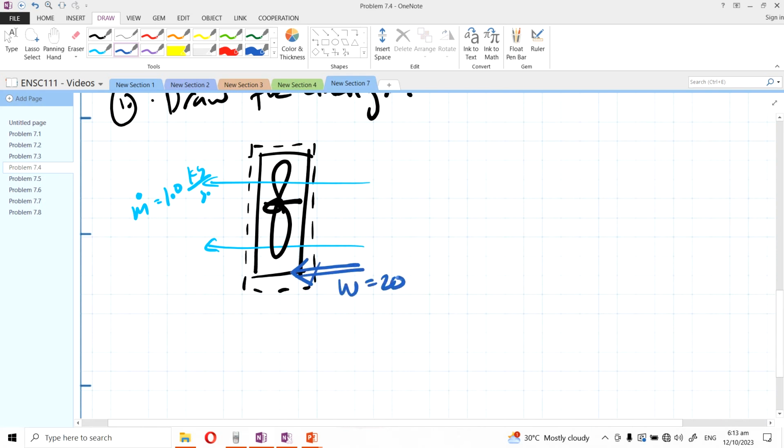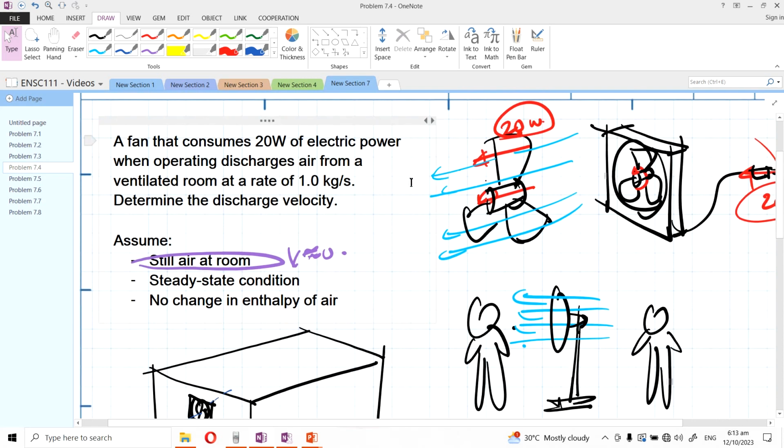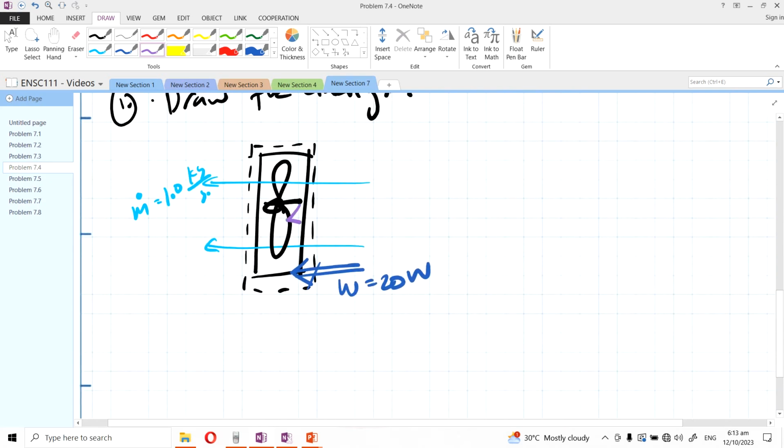So work is equal to 20 watts. Next, what other energies cross the boundary? We have a moving mass, so that means we have a mass flow or energy transfer via mass. So we have F in, and we also have F out, going in and going out.